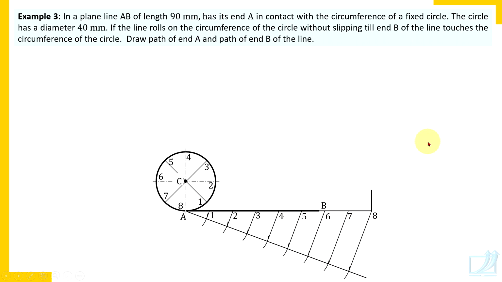Draw tangents at all these points. But now something new here, and what it is, listen. You should extend that tangent on both the sides of point 1. Similarly, tangents at all these points are to be extended on both the sides because there is no winding action.